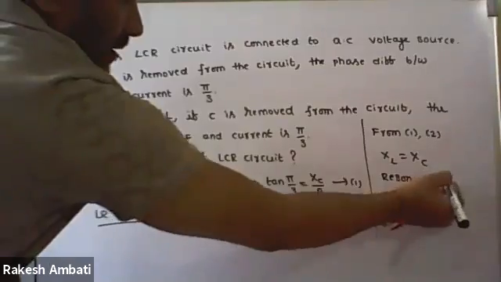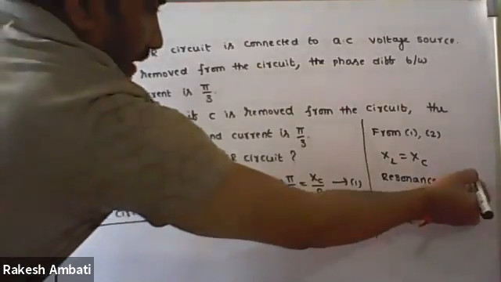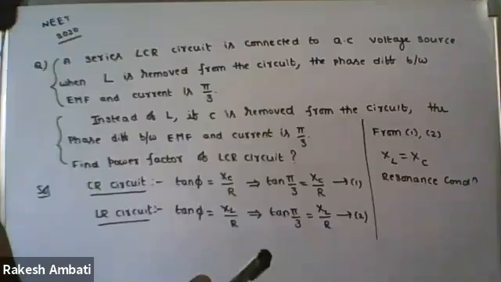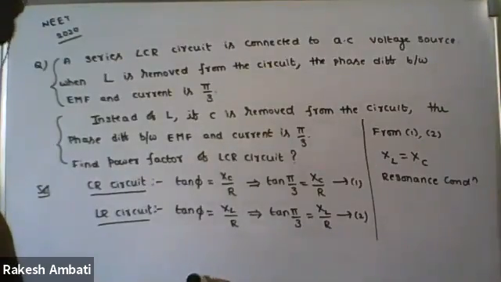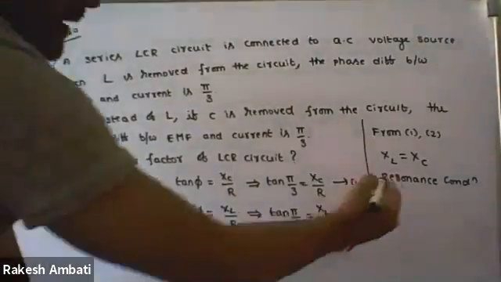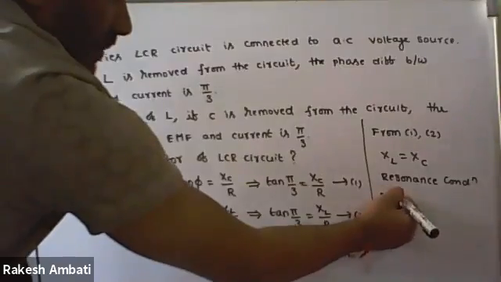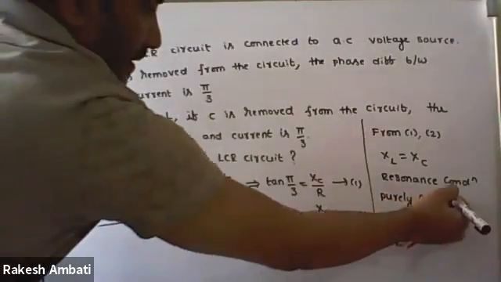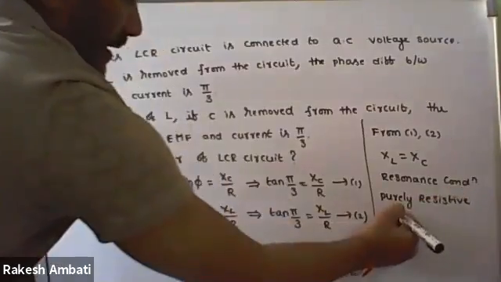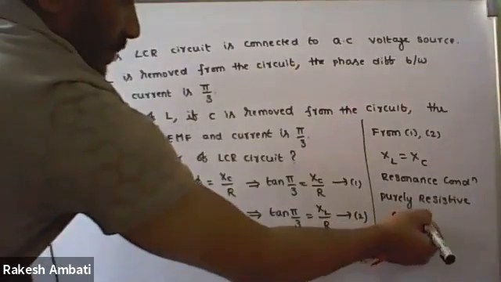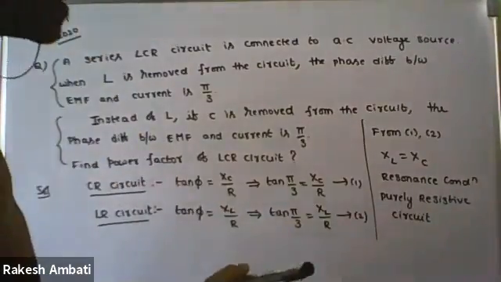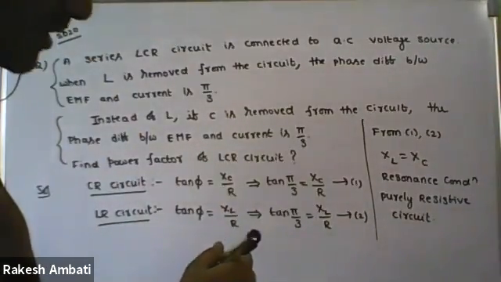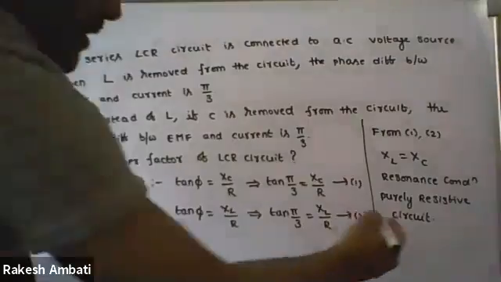At resonance, the LCR series circuit behaves like a purely resistive circuit. In the case of a purely resistive circuit, please answer: what is the phase difference between EMF and current? 0 degrees.